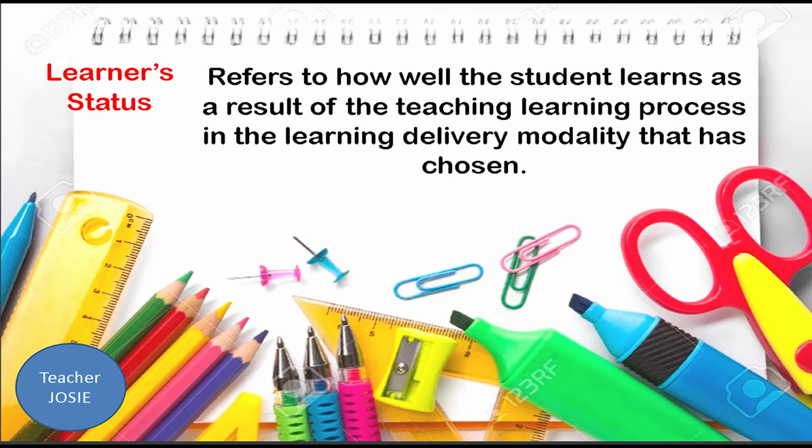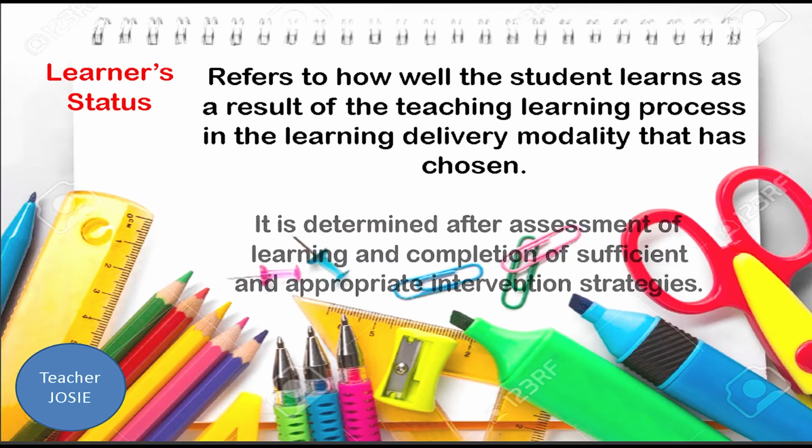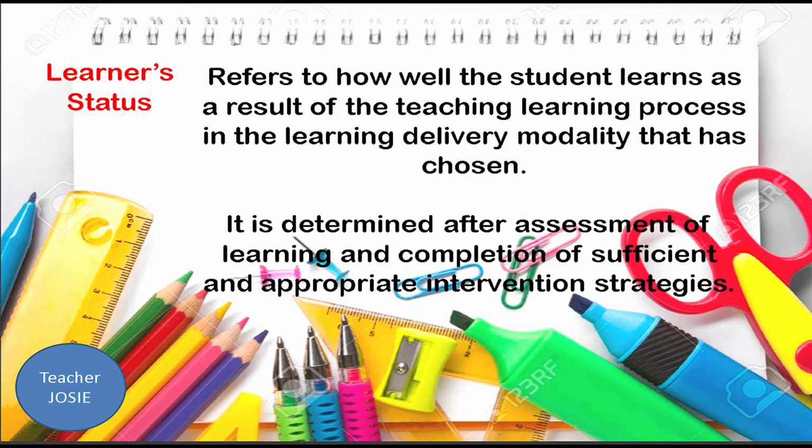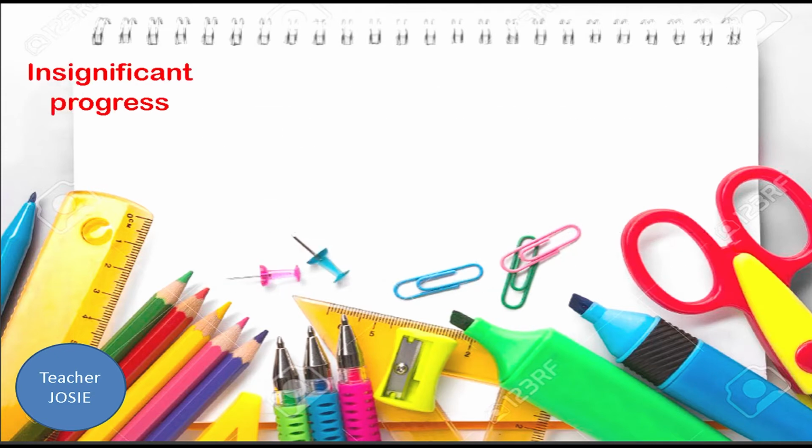Learner status. It refers to how well the student learns as a result of the teaching-learning process in the learning delivery modality that has been chosen. It is determined after assessment of learning and completion of sufficient and appropriate intervention strategies.